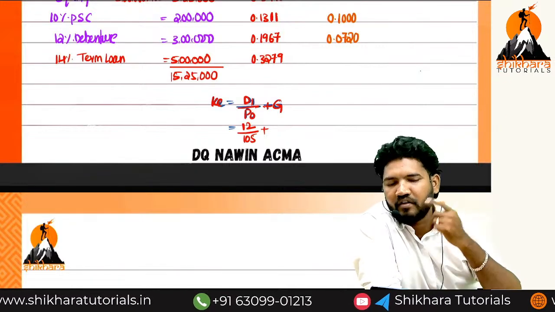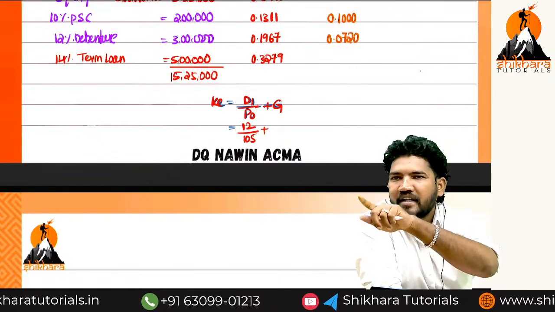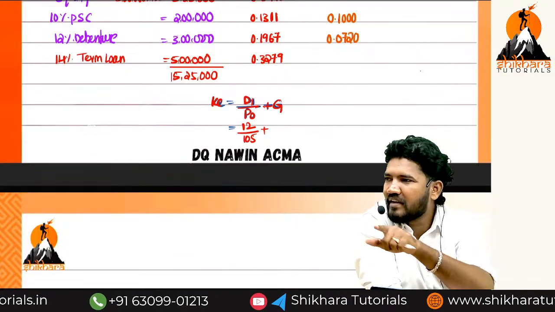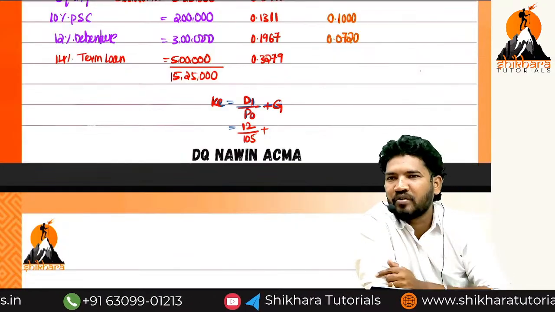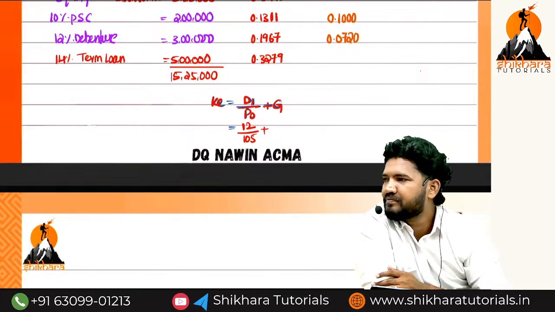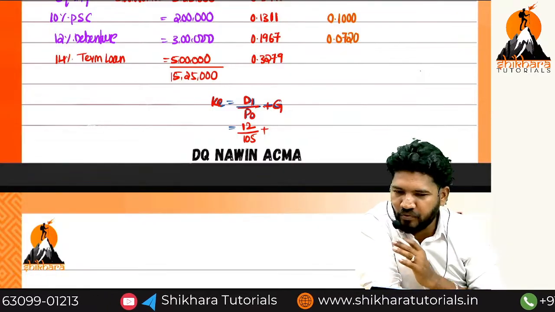If I take without growth, it is wrong. Why? D1 increases from 10 to 12. It means growth is there, na? That 2 rupees is nothing but growth. That's why don't take an assumption without growth. The assumption is with growth only. Are you clear, sir? Logical points all are. FM is purely logic, sir.